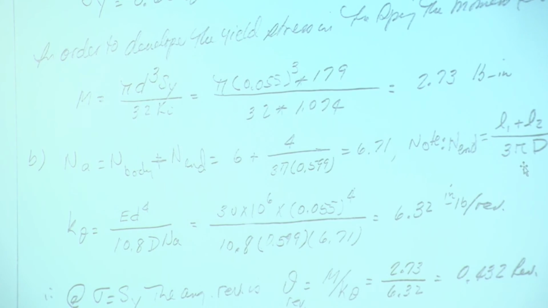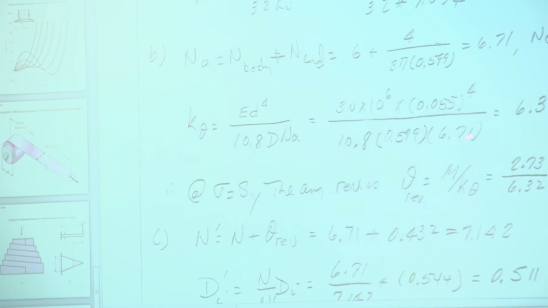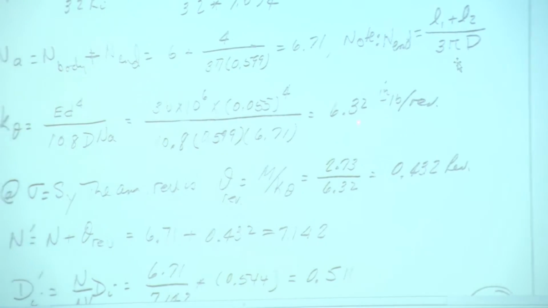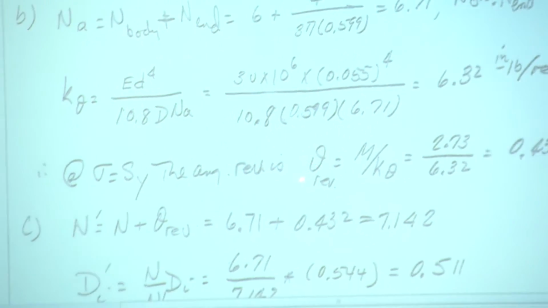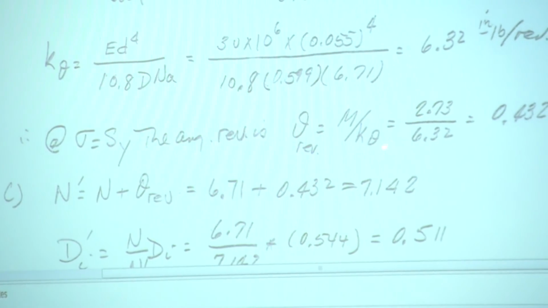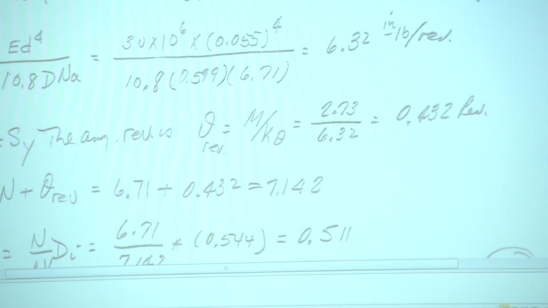K theta, this equation. Again, everything is known, gives you the spring constant. And at sigma equal to Sy, it says what is the angle of revolution? That's M equal to k sub theta times the angle. This is not k times theta, it's k sub theta.